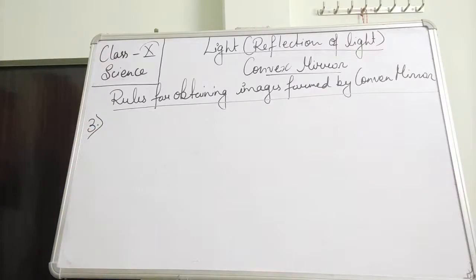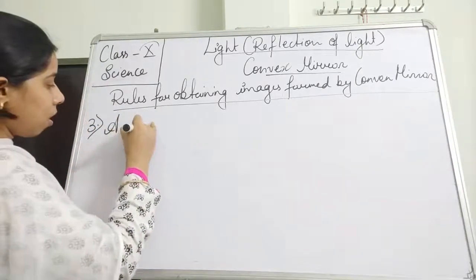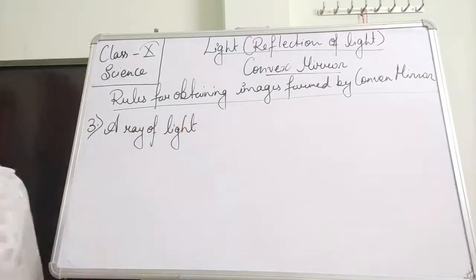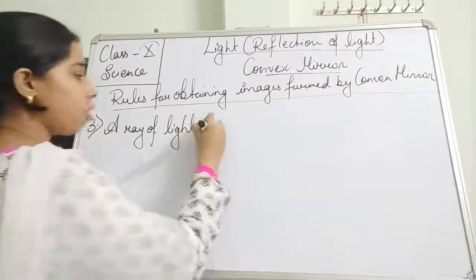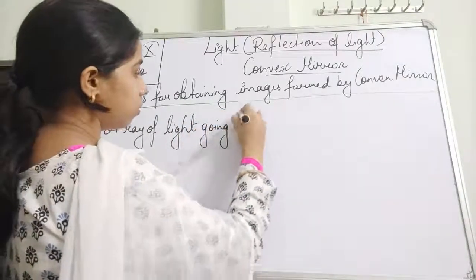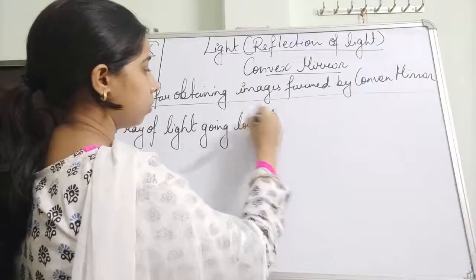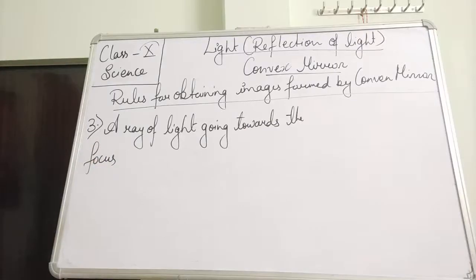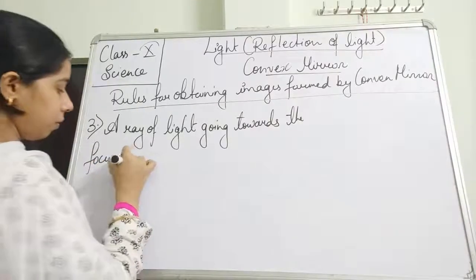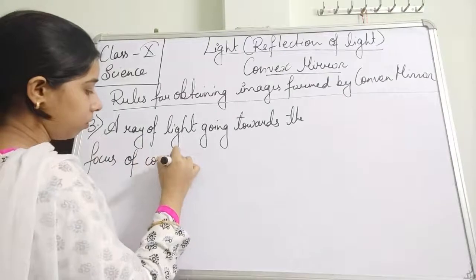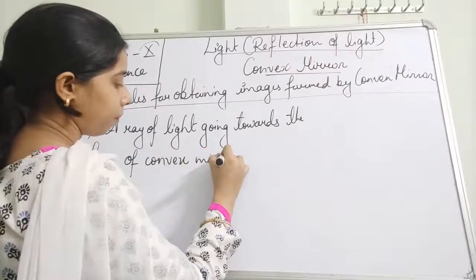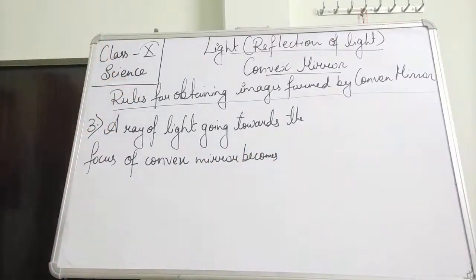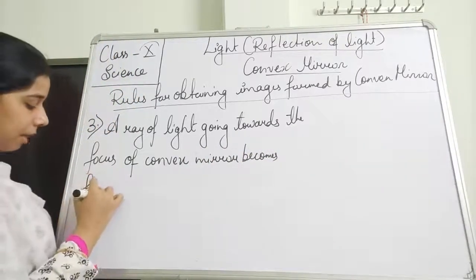So the third rule is that a ray of light going towards the focus of a convex mirror becomes parallel to the principal axis.